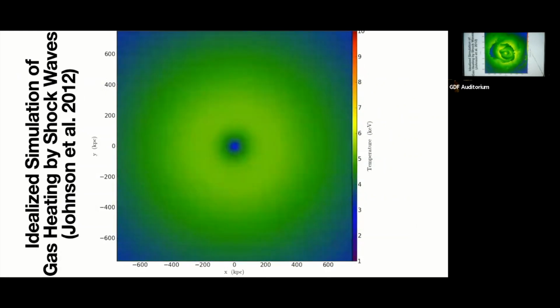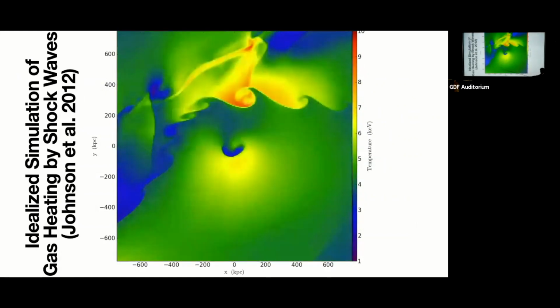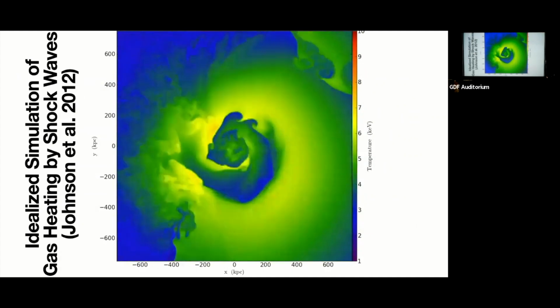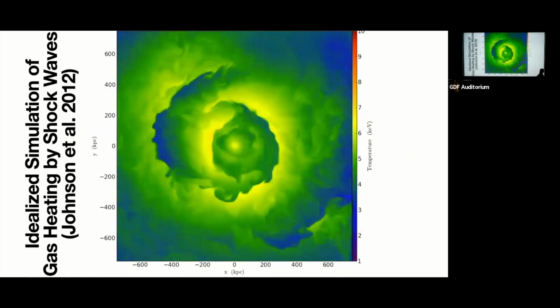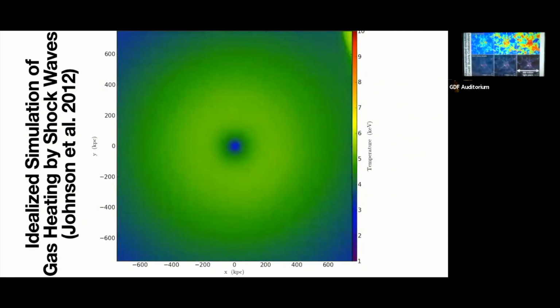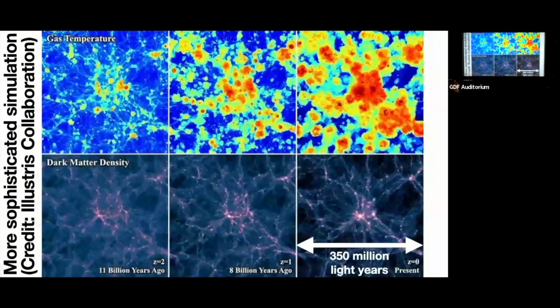Gravitational energy goes into kinetic energy, goes into thermal energy through shock heating. And if you do more sophisticated simulations like IllustrisTNG, indeed, at redshift 2 as matter clumps, gravitational energy gets shock heated, converted to thermal energy. That's the temperature. Is this correct?